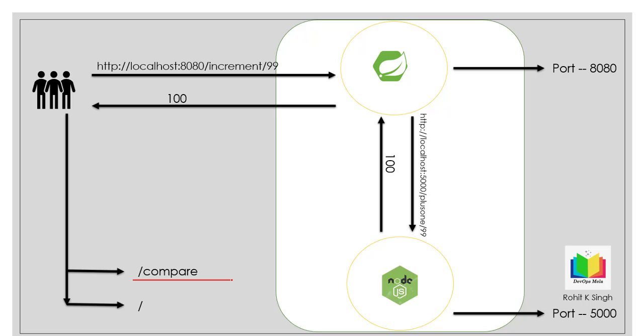If you do a compare and put some numbers, then it will compare with 50. If the number is more than 50, it will prompt you that the number is more than 50. If it is less than 50, it will tell you less than 50. And this is the home page. If you go to the home page, it will display welcome to DevSecOps course.